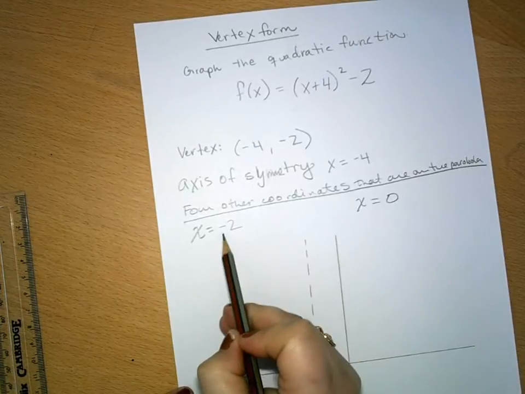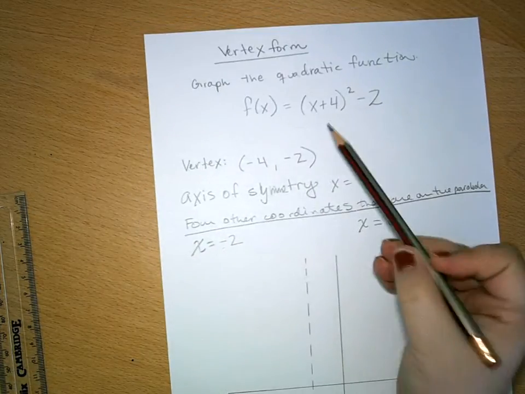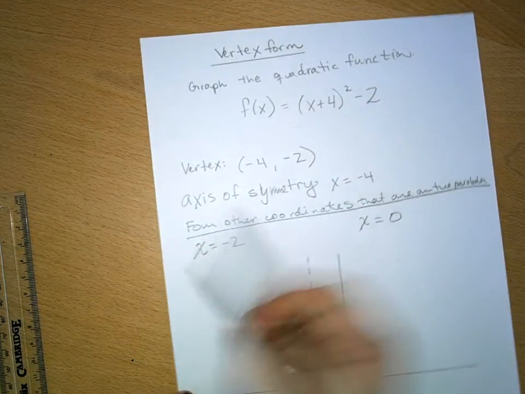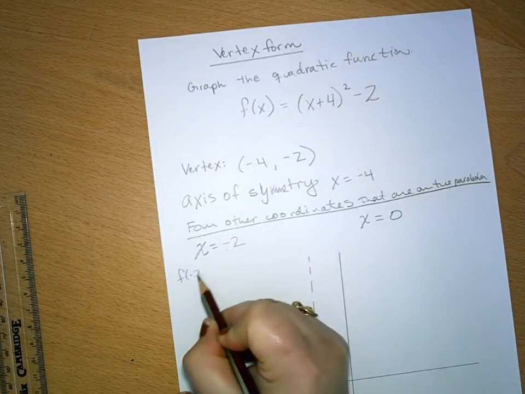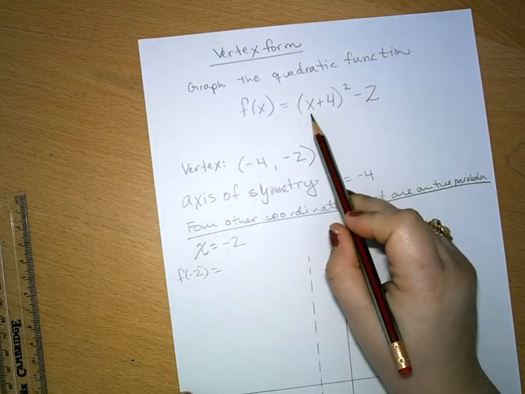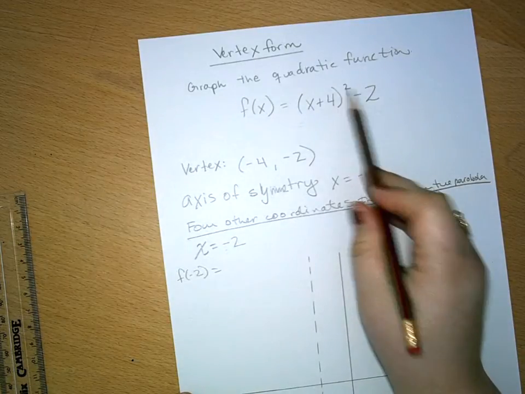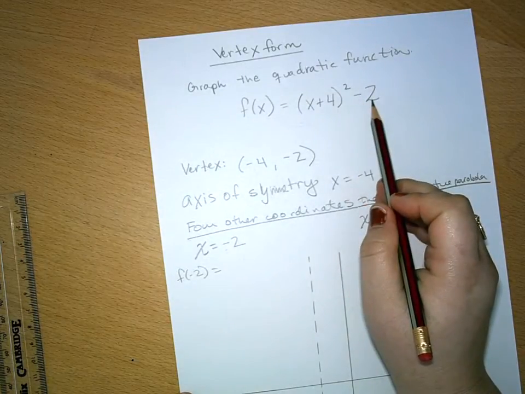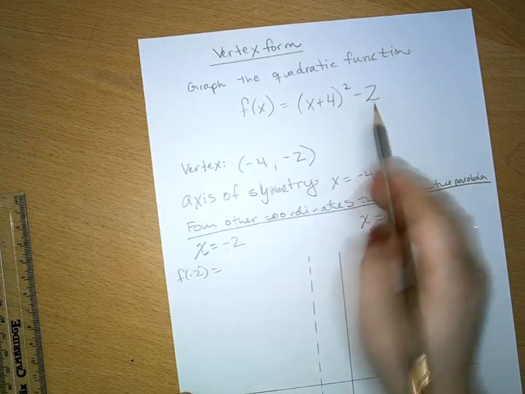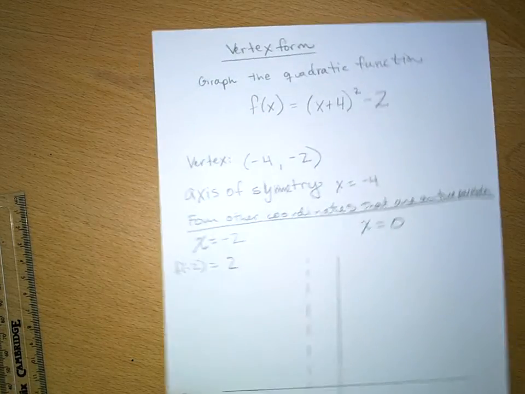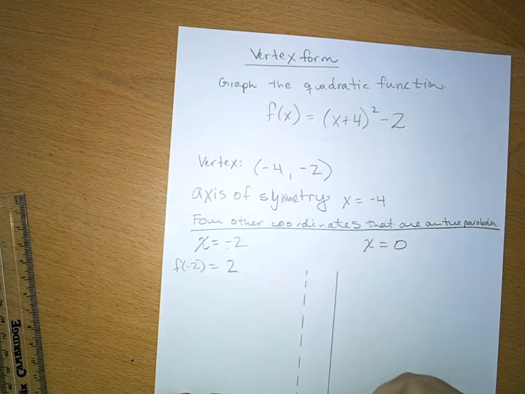I'm going to take -2, substitute it into the function, so we could think of what is f of -2. -2 plus 4 is 2, squared is 4, minus 2 is going to be 2. So we have -2, 2.